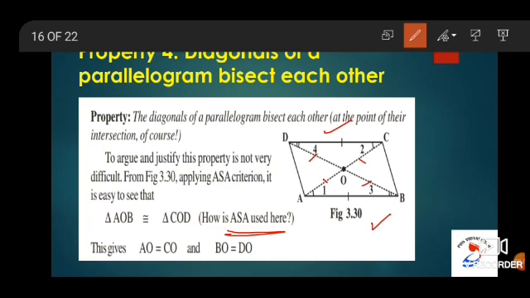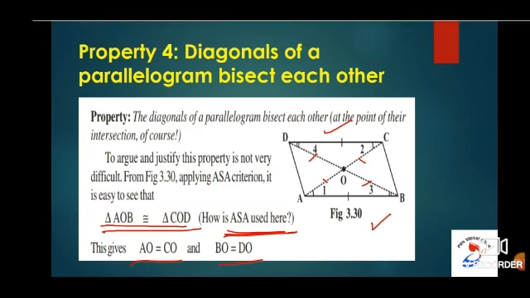They both are equal. So one angle, another angle, and in between you will have a side. So by using ASA congruency, you will prove these two triangles are congruent. Then by CPCT, AO and CO are equal, and BO and DO are also equal. So the last property, that diagonals of a parallelogram bisect each other, is verified.